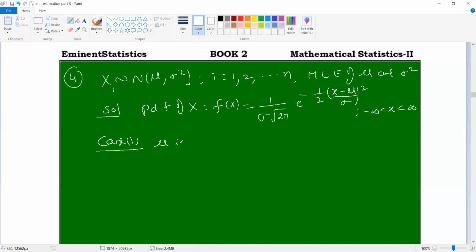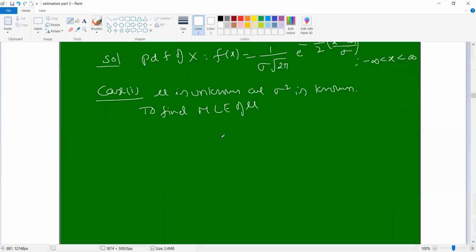Mu is unknown and sigma square is known. In the known case, to find the MLE of mu.